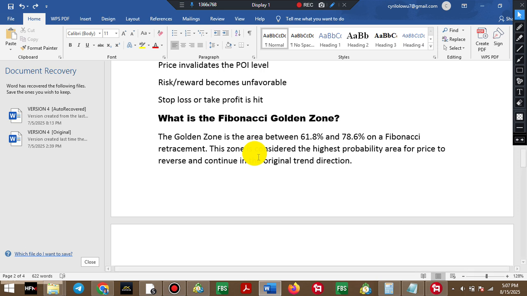Now, for you to use this software even though there's a good opportunity, just like what we cited on Crash 1000, but because of the ranging scenario in the higher time frame it didn't generate a signal, how should you leverage on it? What are the things you should keep aside? Let's say I'm looking for an opportunity on a particular time frame, and these are the things I want to see.